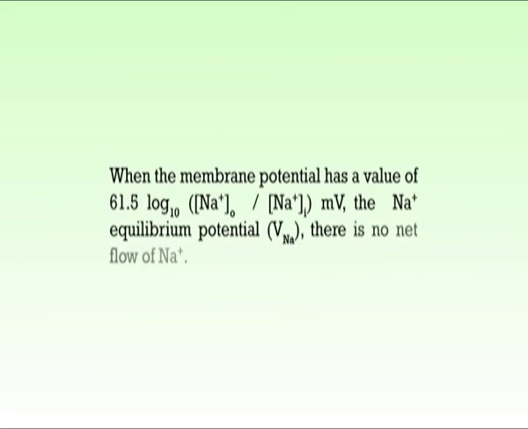Similarly, when the membrane potential has a value of 61.5 log base 10 of the outside concentration of sodium ions by the inside concentration of sodium ions in millivolts, it is the sodium ion equilibrium potential, V sodium. There is no net flow of sodium ion.